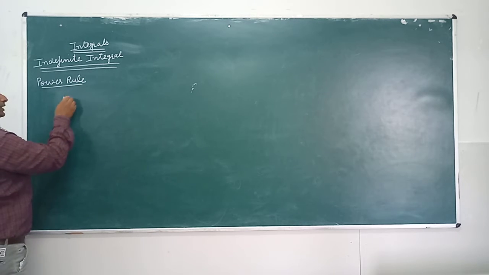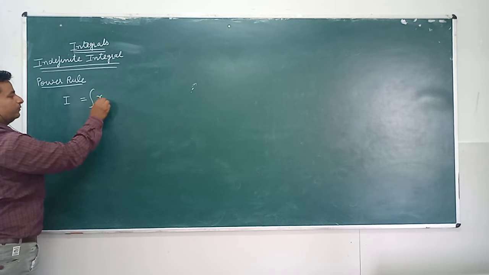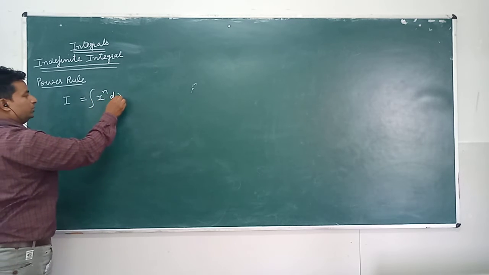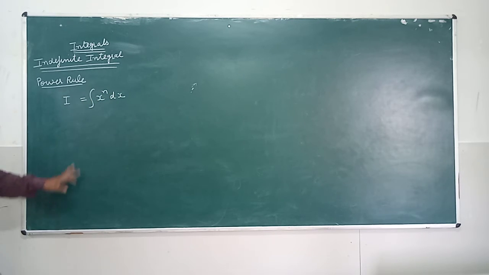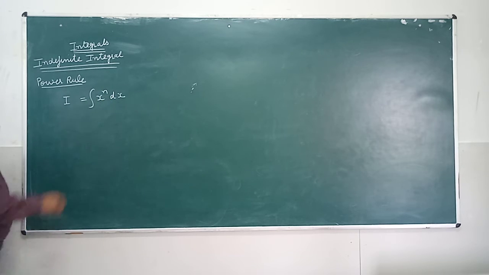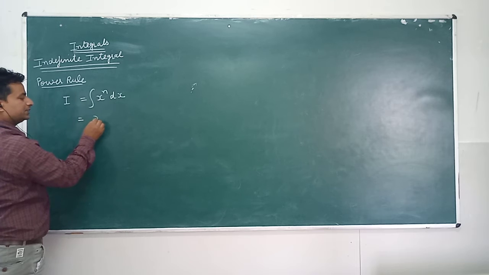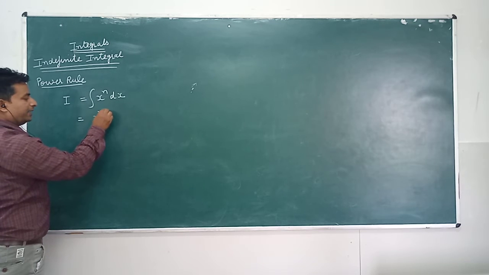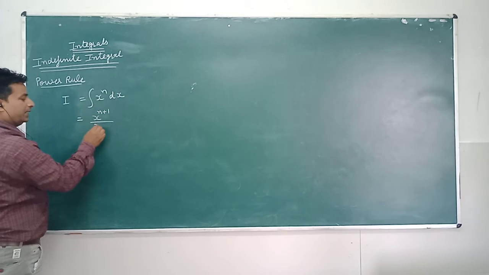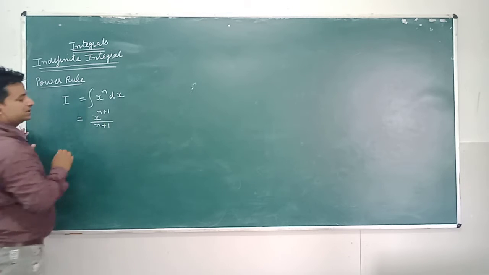For the power rule, we denote the integral as I. This is the symbol of integral, into dx. I is equal to integral of x power n dx. When we integrate, the differentiation is cancelled out. So add 1 to the power and divide by the same.